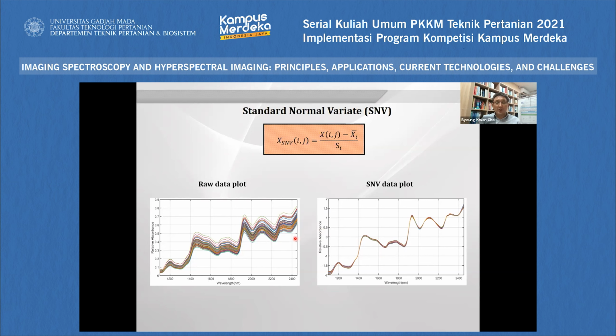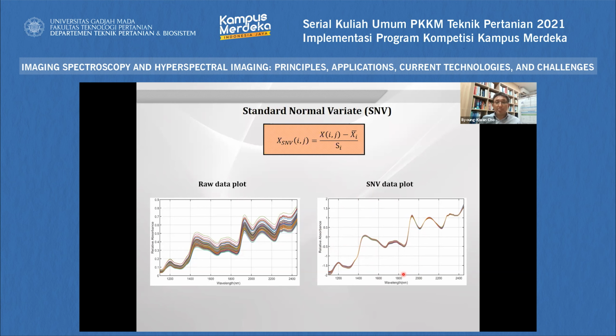So we can reduce unwanted variation or unwanted noise using a pre-processing method. Now it's ready to make a model, because it reduces unwanted information.